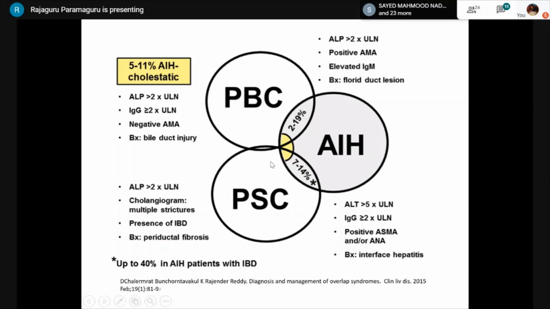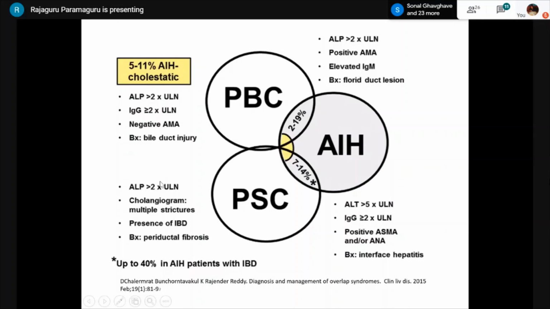Along with that, if you are finding ALT more than 5 times the upper limit of normal, and IgG more than 2 times the upper limit of normal, these are the findings for AIH. And if you are having ALP more than 2 times the upper limit of normal with AMA positivity and IgM, along with the florid duct lesion, you suspect or you say it is AIH-PBC overlap.